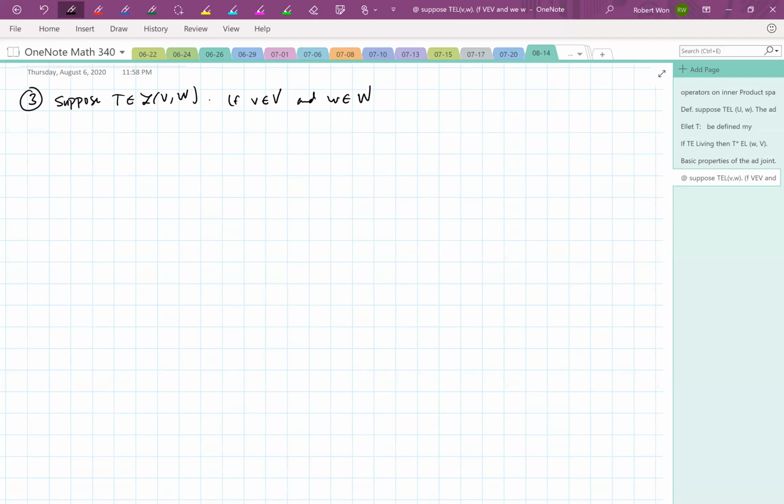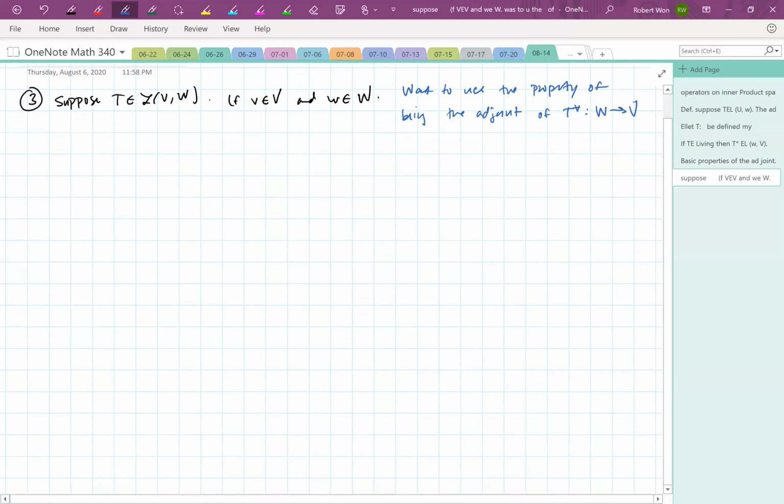Here we want to use the property of being the adjoint of T star, which is a map from W to V.